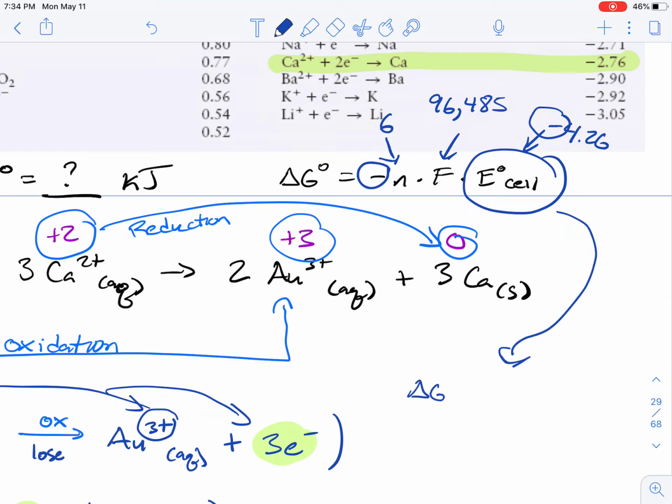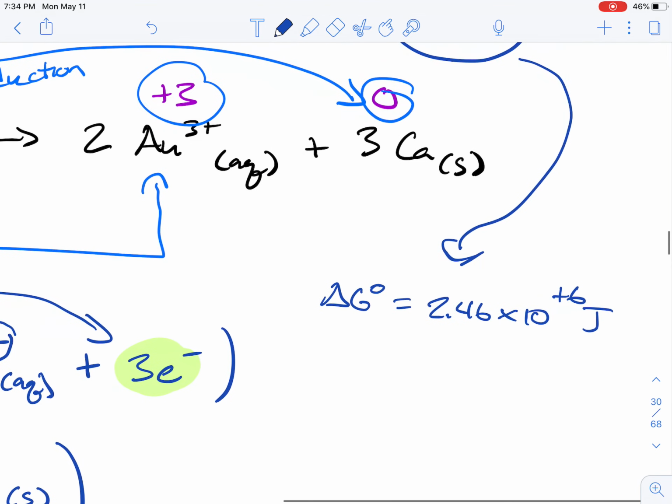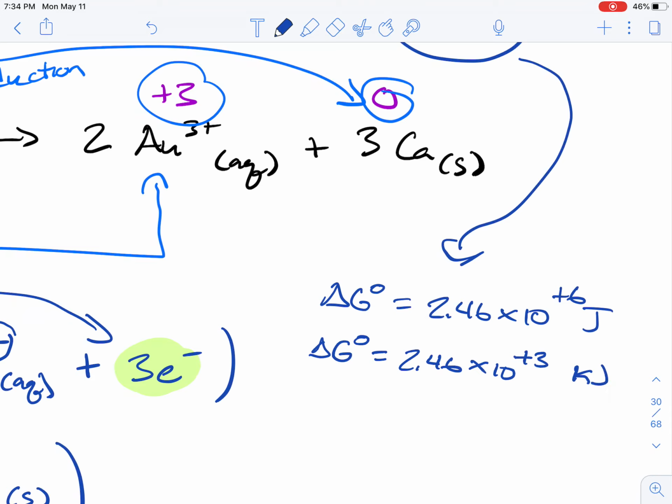So delta G, when I plug it into my calculator, I get 2.46 times 10 to the positive 6 joules. If I extract a positive 3 out, then delta G is equal to 2.46 times 10 to the positive 3 kilojoules.